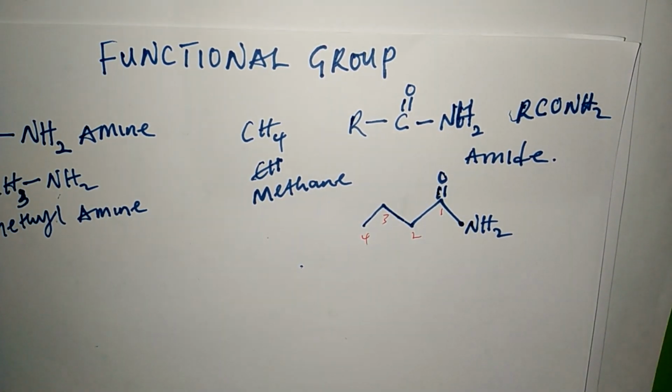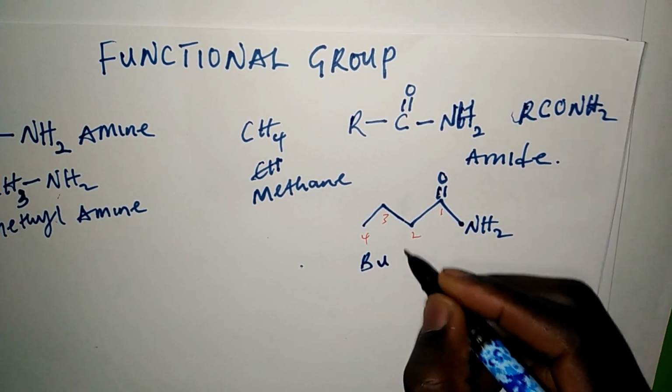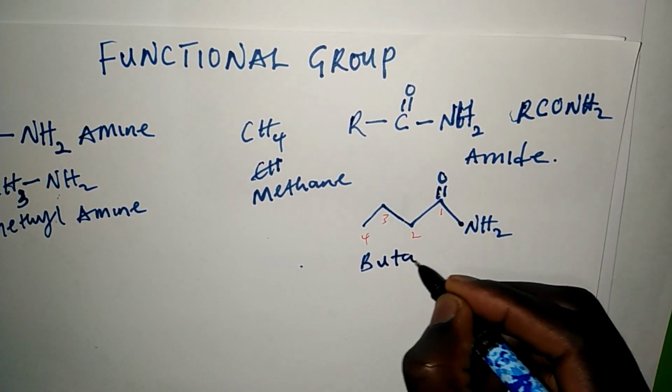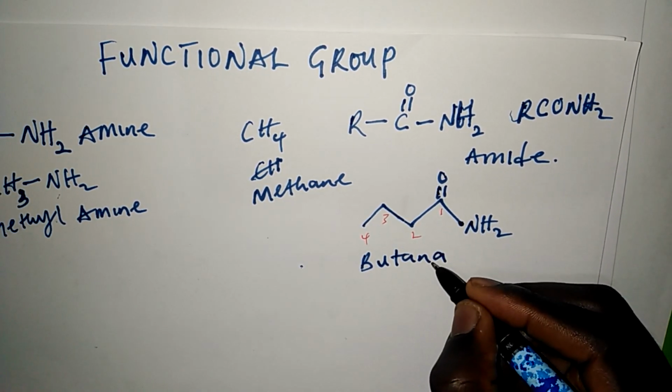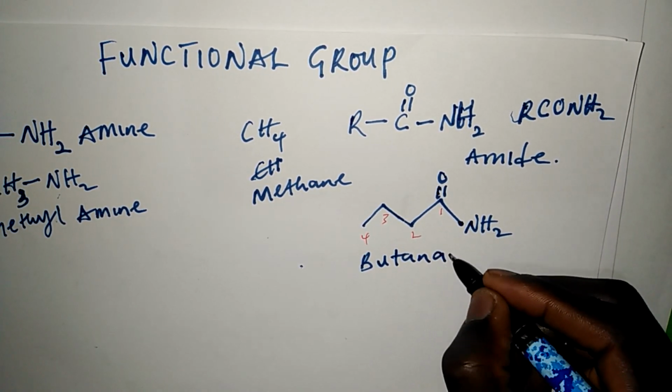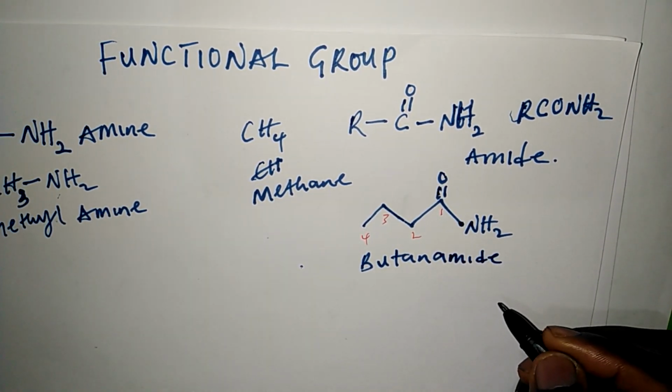Since it's 4, we know that it's butane. Now you drop the ending E and add amide, so it becomes butanamide, right?